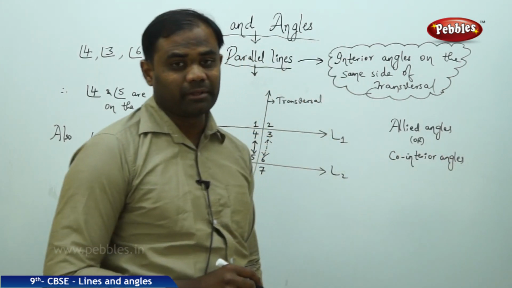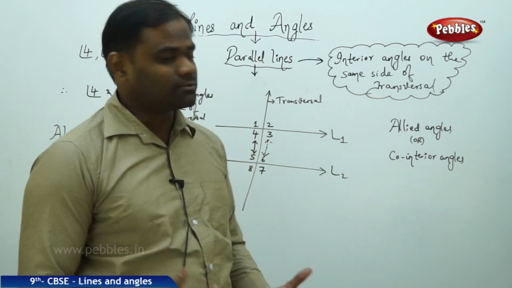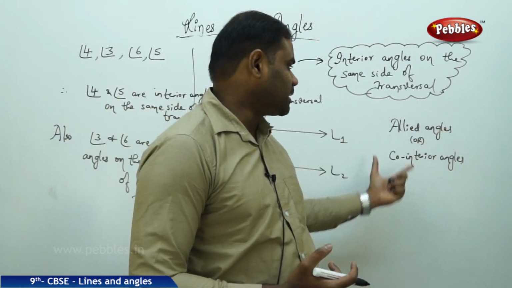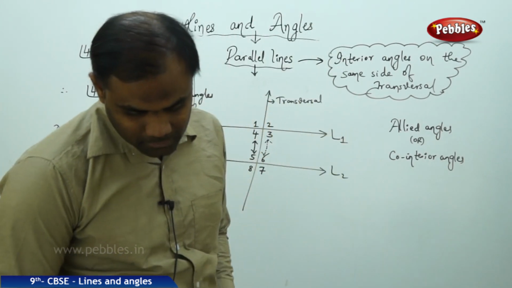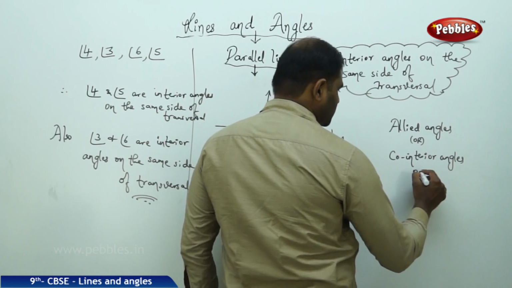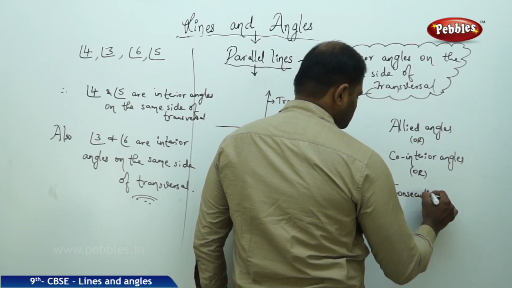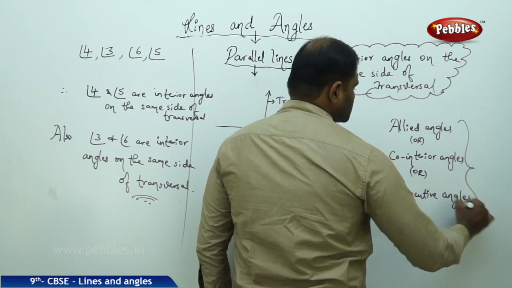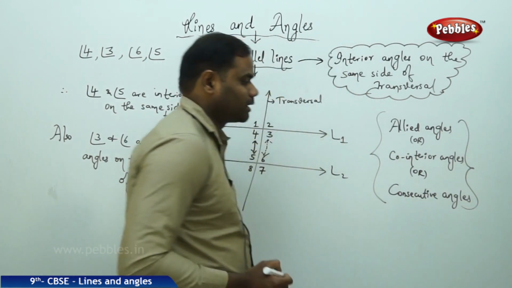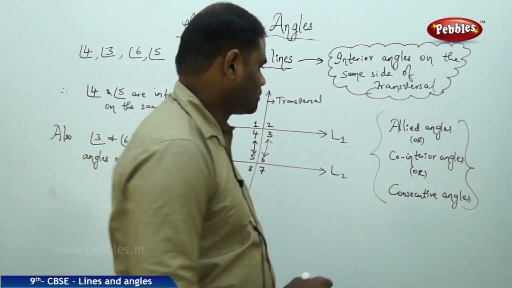So there are different names here, and the interior angles on the same side of transversal are sometimes referred to as allied angles or co-interior angles, or they are also referred to as consecutive angles, which are the different names given for interior angles on the same side of transversal.